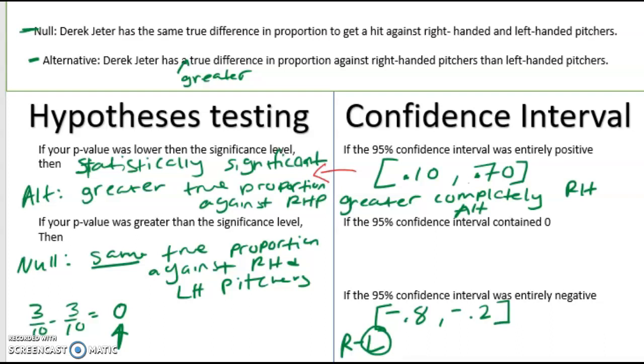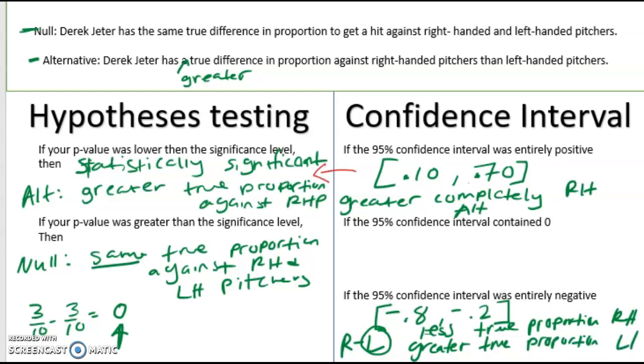So therefore, this would give us evidence for a lesser true proportion against right-handed pitchers, or on the flip side, a greater true proportion against left-handed pitchers.